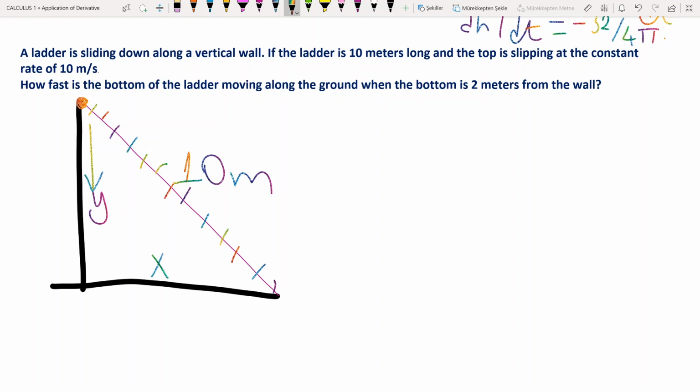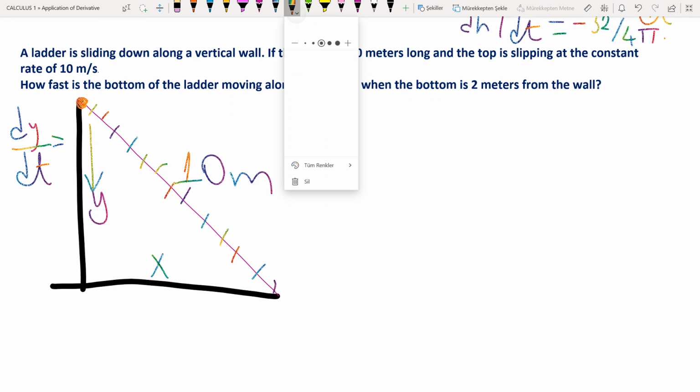So the distance y decreases at the constant rate of 10 meters per second. It means dy over dt is equal to minus 10.